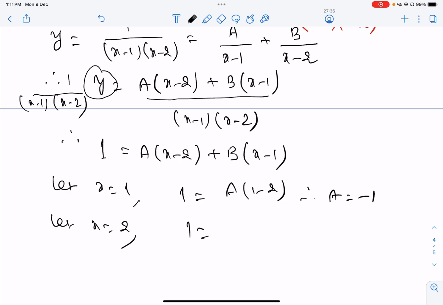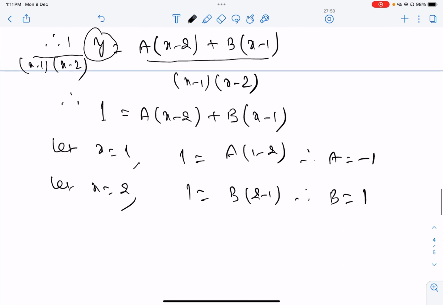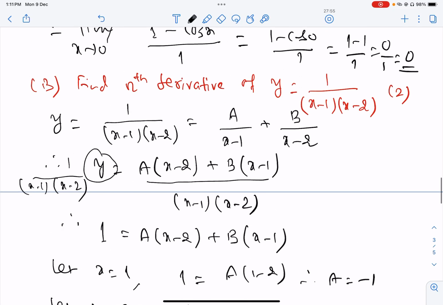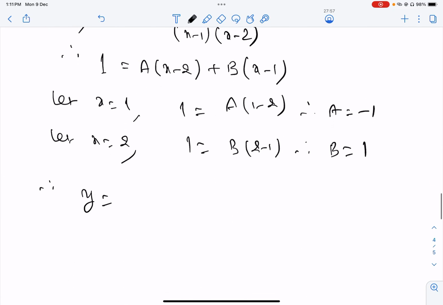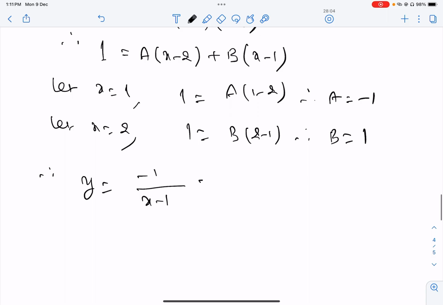Then we have 1 equal to, this is 0, and this is b into 2 minus 1. So b equal to 1. And so we have y equal to a upon x minus 1, so minus 1 upon x minus 1, plus b upon x minus 2, so plus 1 over x minus 2.